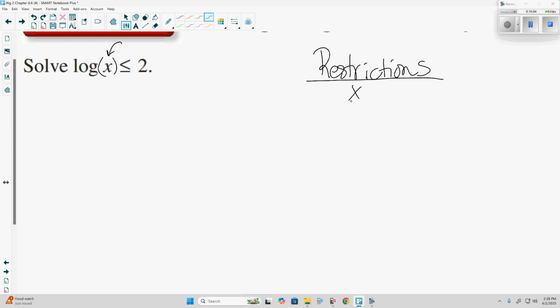We take that expression, whatever's inside the log, set it less than or equal to 0, then solve for x. Well, here it's already solved for us. So any value of x that is less than or equal to 0 would be a part of the restrictions, because it would cause us to have 0 or a negative number inside the log. So x cannot be less than or equal to 0.